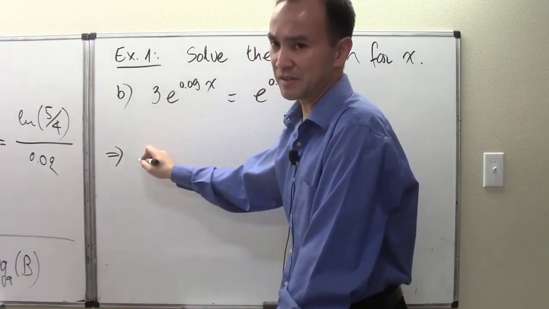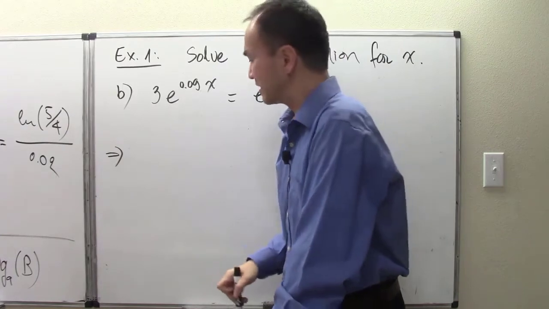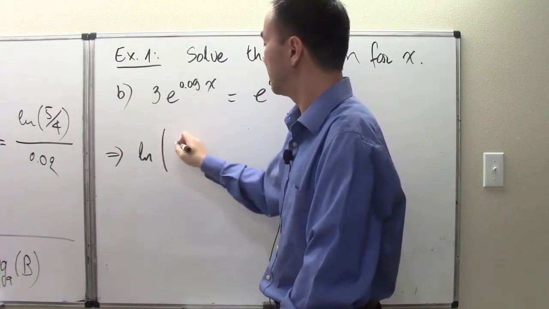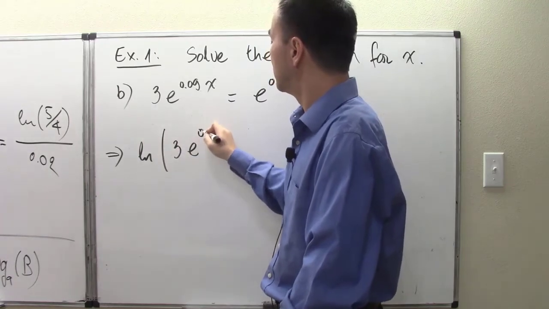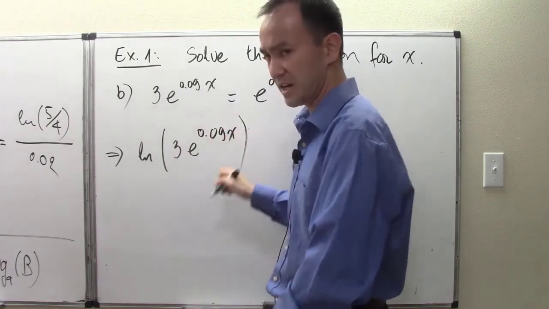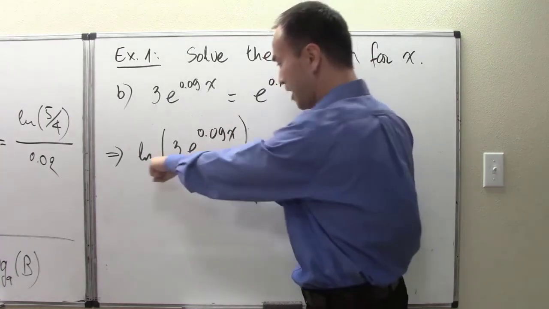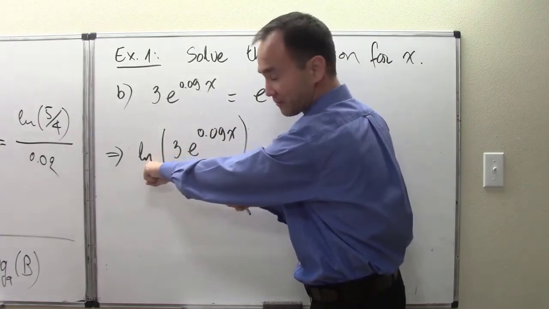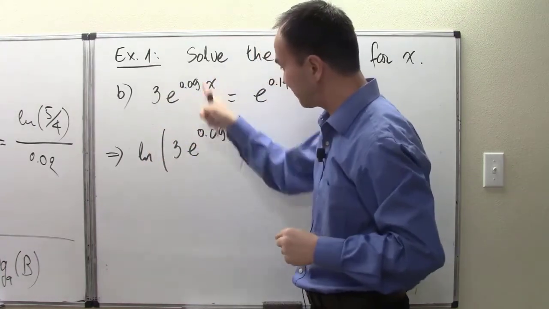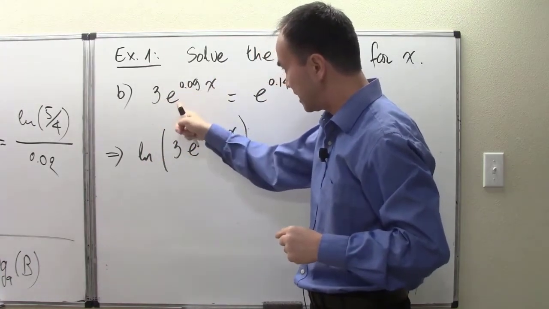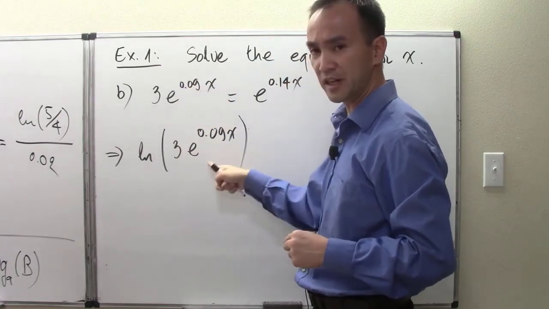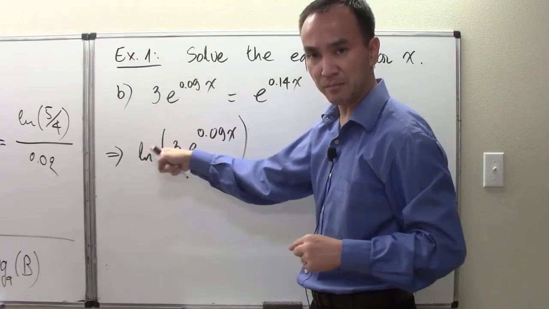We have seen this from the earlier work already. I'm going to go with the natural log of 3 times e to the 0.09x. See, I applied the logarithm that I chose on the entire left-hand side. My entire left-hand side is 3 times e to the 0.09x, and that's why I put the whole left-hand side in parentheses inside my logarithm.